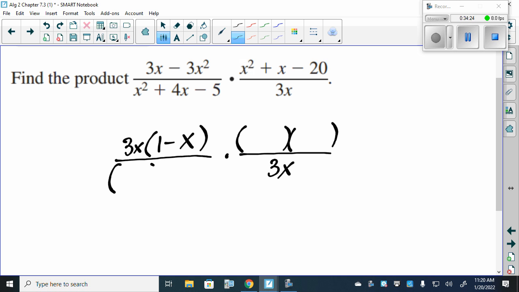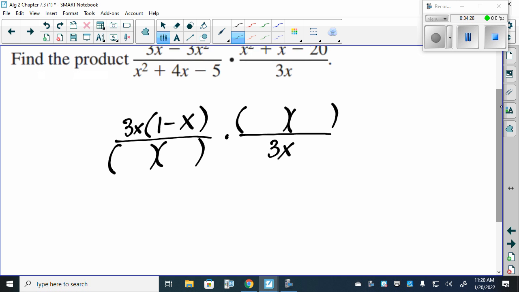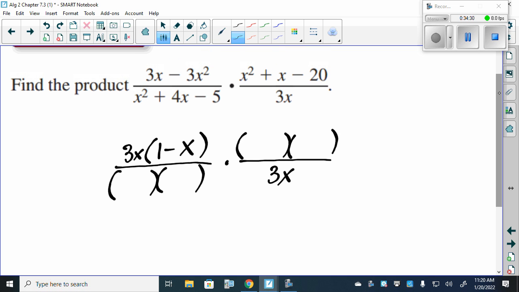Now that does leave the other 2. Which one of these do we want to factor first? Well, okay, we'll go on with the denominator of the first. X squared plus 4x minus 5. Since the 5 is negative, it means our signs are opposite. One is going to be positive and one is going to be negative.